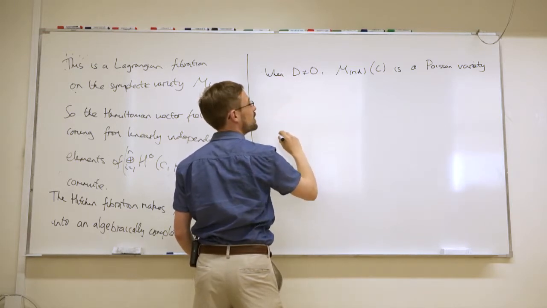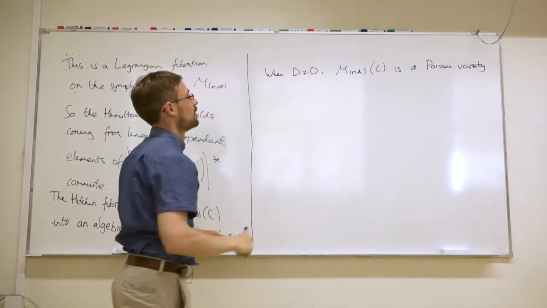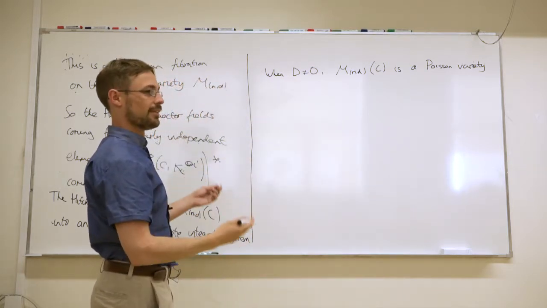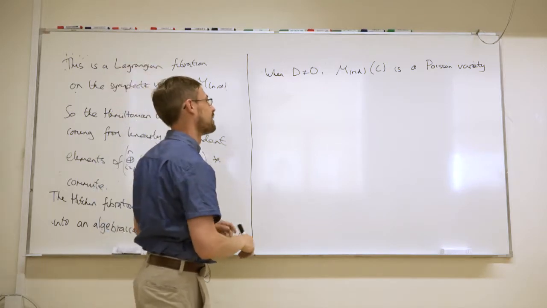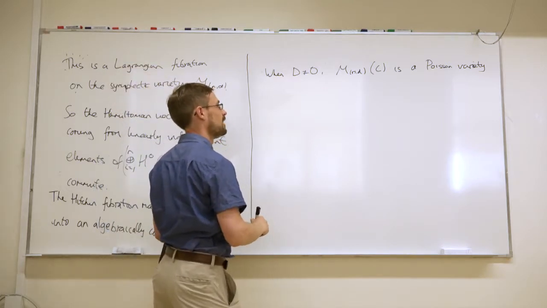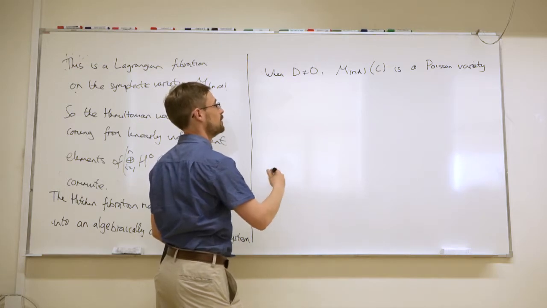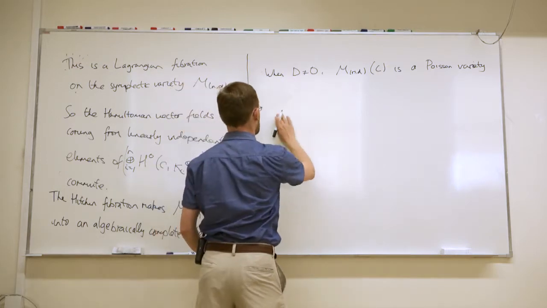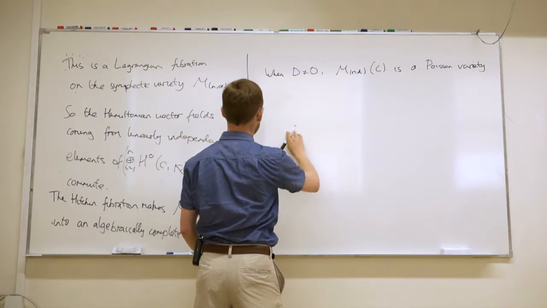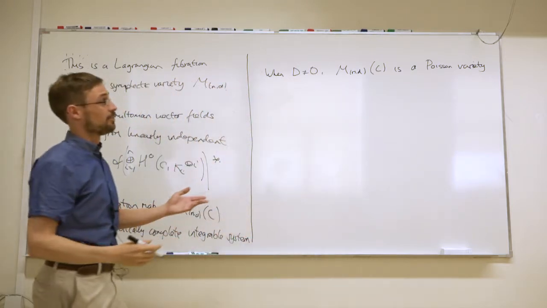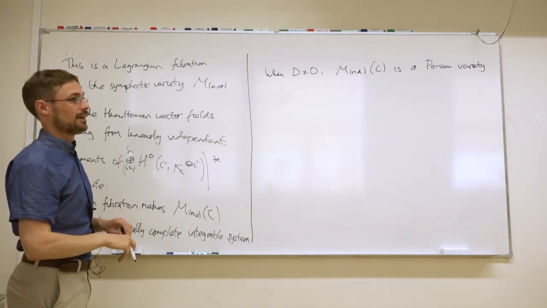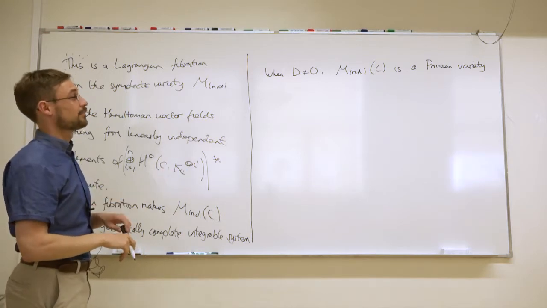I think the way to see this, which is very much in the spirit of these lectures, which is to stick in the algebraic realm, is to view it as a subspace of another symplectic variety.